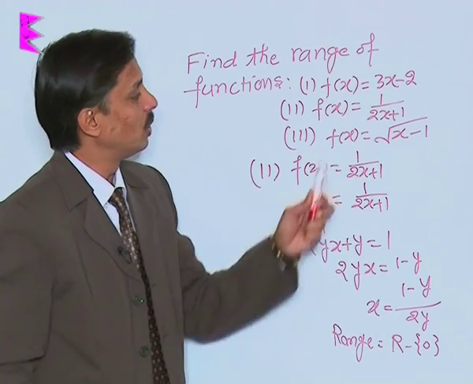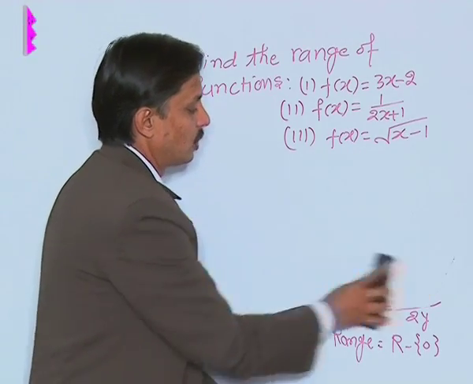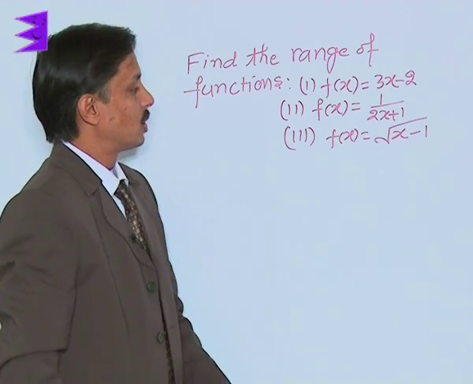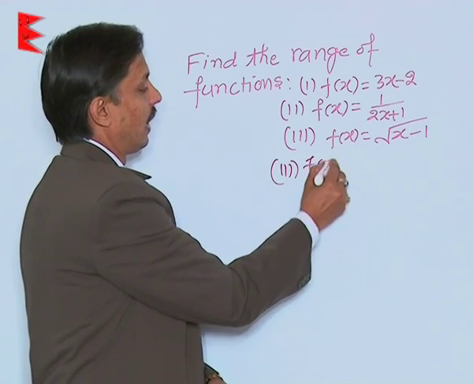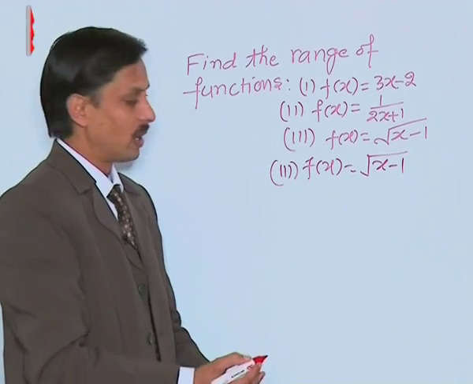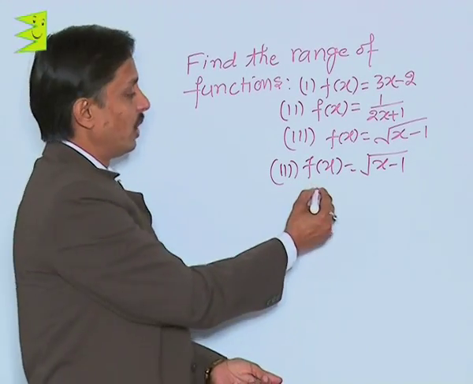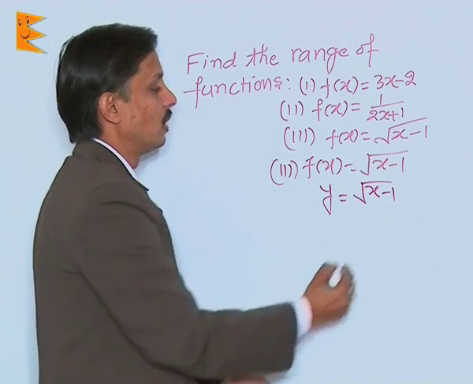Now the third part of the problem, that is f(x) equals root of x minus 1. So first we write the question: f(x) equals root of x minus 1. Then our usual method is, in place of f(x), we write y. It is equal to root of x minus 1.